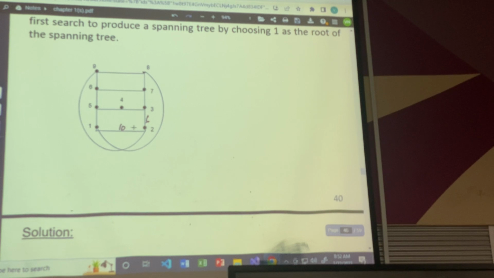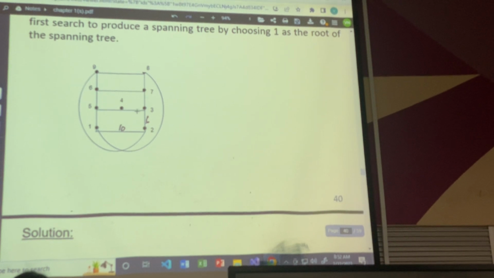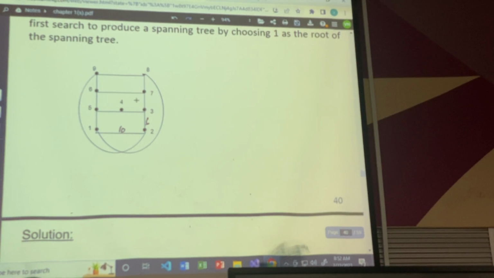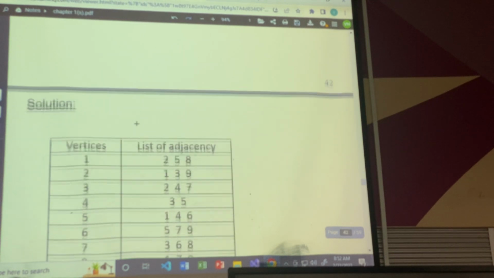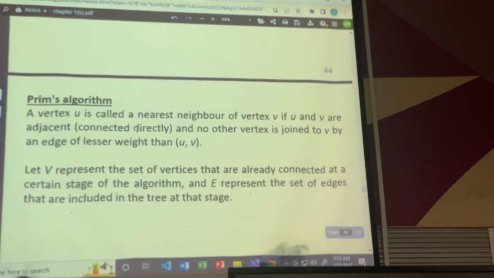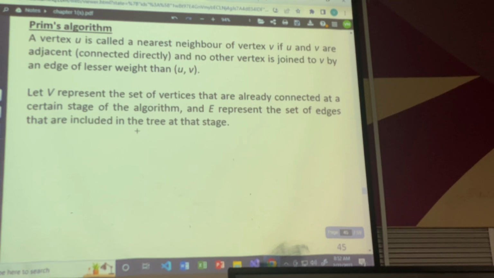So what we are going to do now is try to find the minimum weight, which means we want to find the minimum cost. If there is a weight involved, we can use Prim's algorithm and Kruskal's algorithm to determine the minimum spanning tree, which means the total weight that we find later will be the minimum total weight.